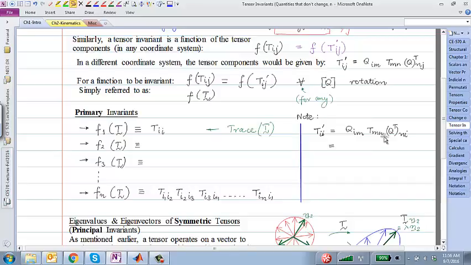Okay, let's make sure that this thing works. So what we'll do again is just rearrange this. Since these are all scalar components, I'm going to rearrange them as Qni Qim Tmn, right? And once again, this is Q transpose times Q, which can be written as, what would be the product of this? Q transpose Q, delta nm.